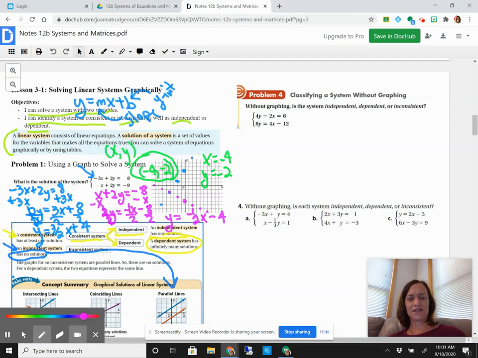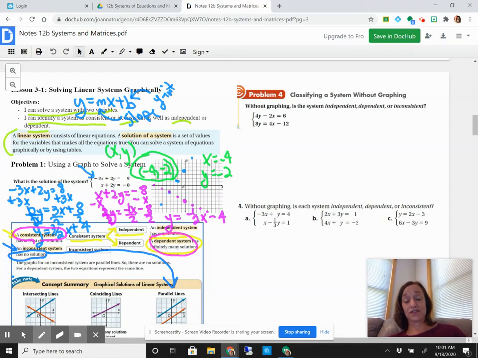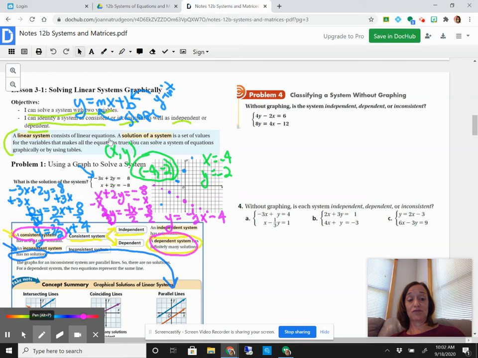And then I check the y-intercept. And if that's not the same, then they're parallel. And if it is the same and the lines are parallel, then I know that it's a consistent system that's dependent because it's all the same line. And if I get two different slopes, then it's going to have one answer.